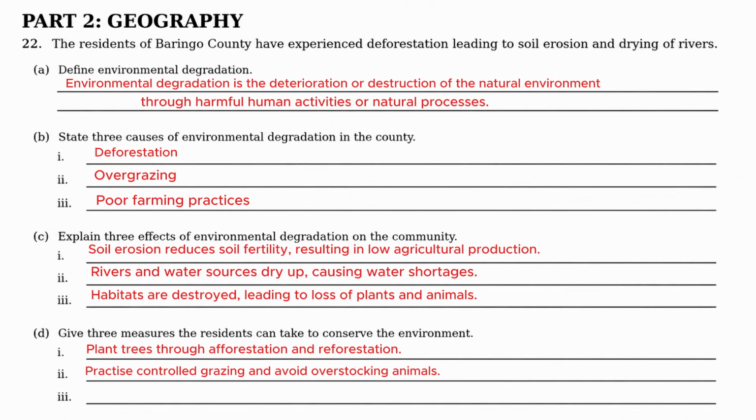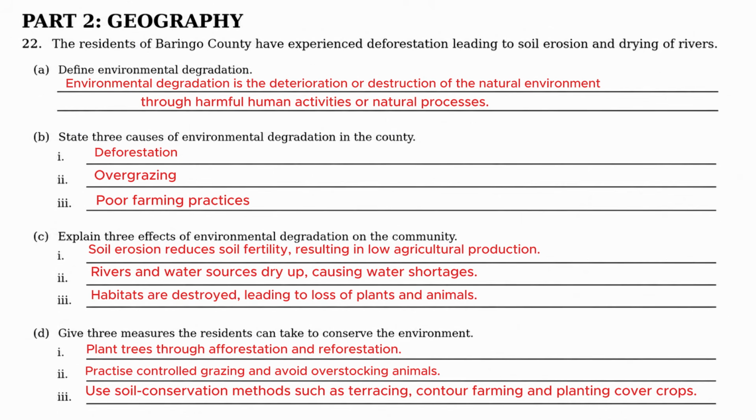Then they can also use soil conservation methods like terracing, contour farming, planting cover crops, all those, you see. But you need to understand that trees, terraces, and controlled grazing are very important when it comes to environmental conservation. And with that, we are done with question 22.